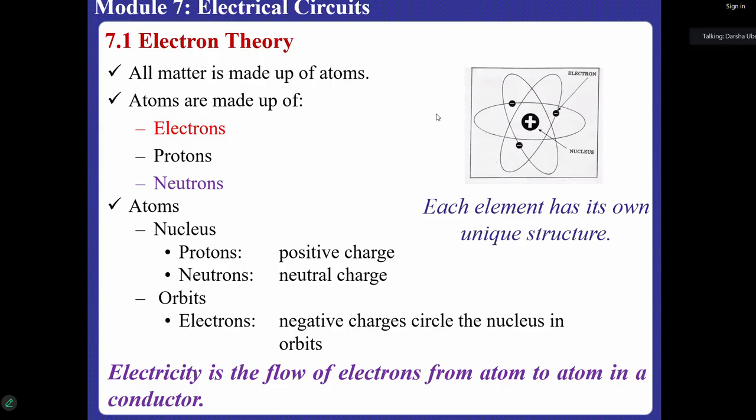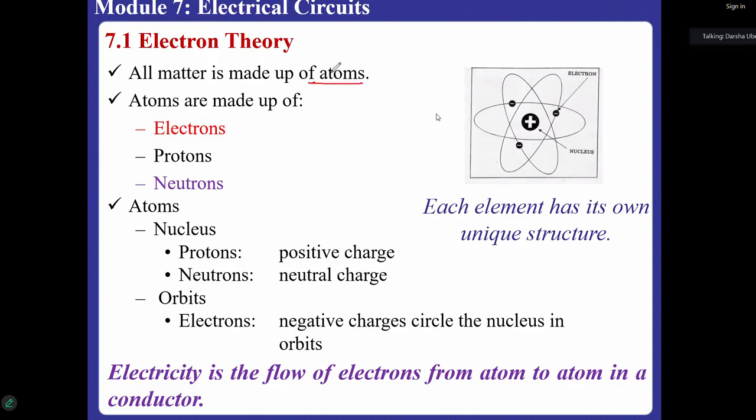So the electrons will contribute to the generation of current. So, electron theory. We will just basically discuss this, but we discuss all these things deeply in chemistry.